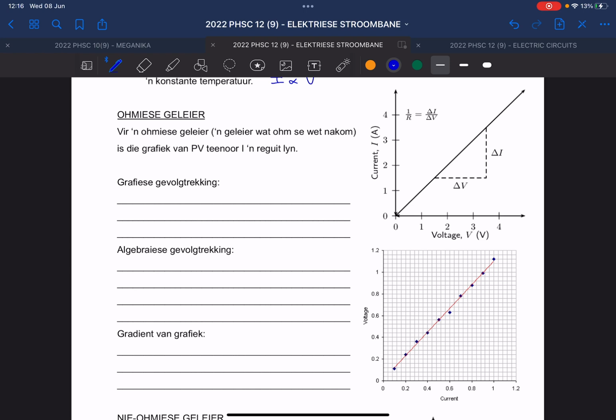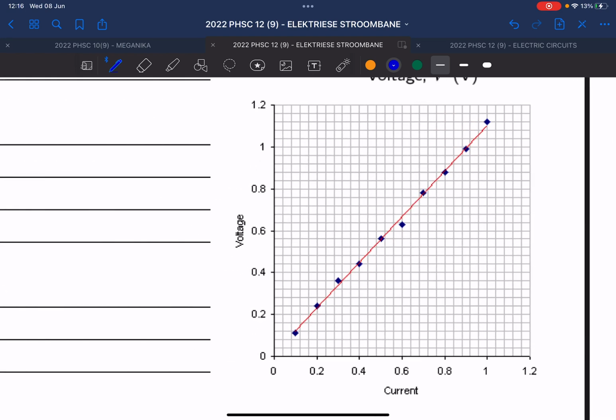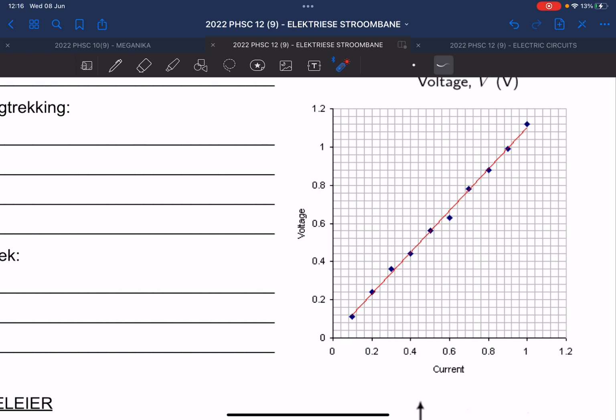Let's quickly look at. I first want to look at the second graph. As jy hierso kyk, there you can see we have volts versus current. Onthou volts is obviously in volts en stroom is in ampere. When you get a graph, what's the first thing you ask yourself? What does the gradient tell me?